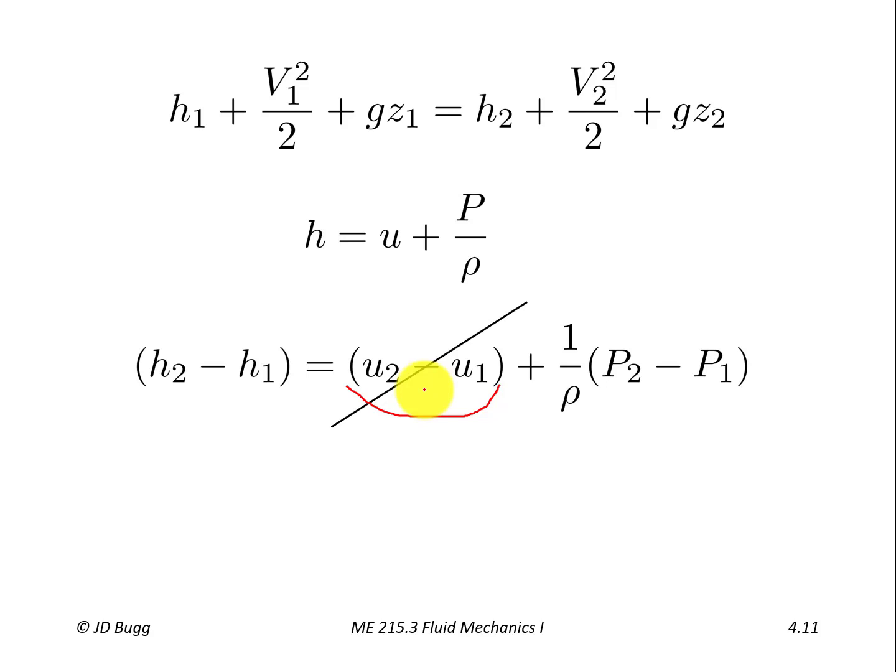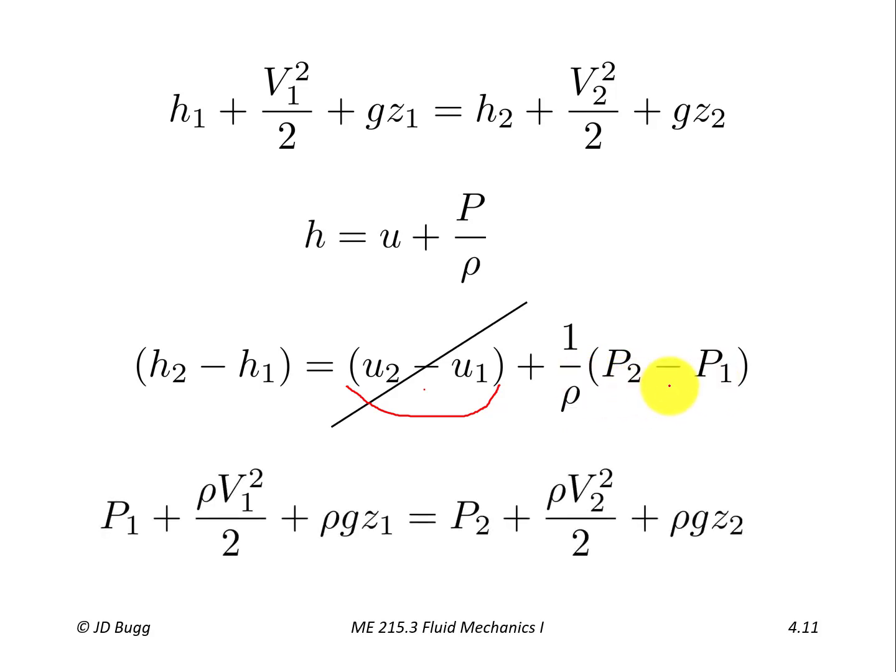Well, here we're also saying it's isothermal, so no temperature change. So U2 minus U1 is 0 in the problems we're going to look at. So that means that this enthalpy change up in our energy balance can be replaced with 1 over the density times the pressure change.